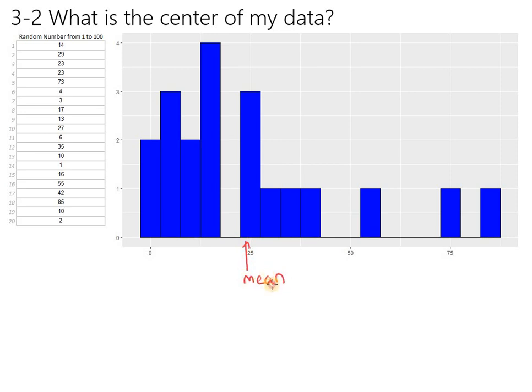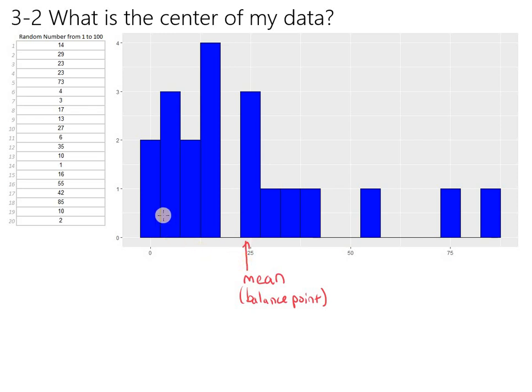And when you're looking at a graph, imagine that all these blue bars are actual, I don't know, 2x4s nailed to a teeter-totter. The mean's actually the balance point. If that was an actual physical set of bars nailed to your teeter-totter, that's where it would balance.